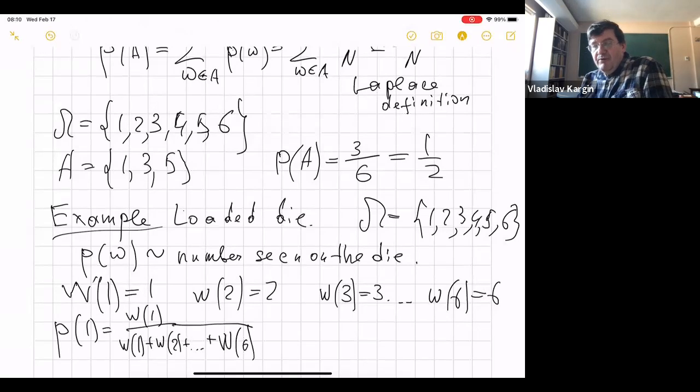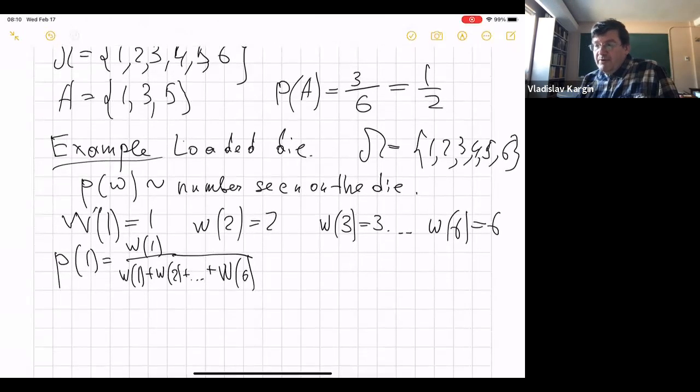We're normalizing the weights by dividing by their sum. Now if you sum 1, 2, 3, 4, 5, 6, we get 21. This is the formula for an arithmetic progression: 6 times 7 divided by 2. So it will be equal to 1 divided by 21.